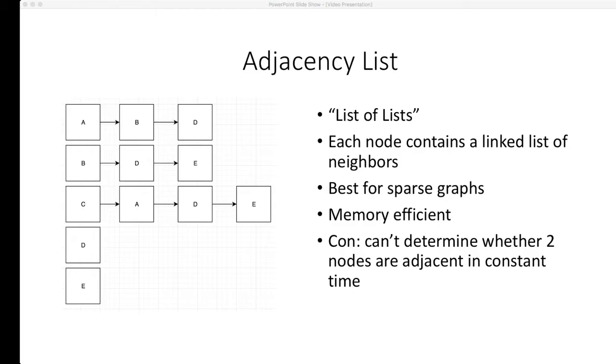It's memory efficient in that it only uses memory for nodes that exist in the graph and their connections. And one con is that for some operations, such as determining whether or not two nodes are adjacent to each other, it takes linear time instead of constant time, which we're going to see with an adjacency matrix.